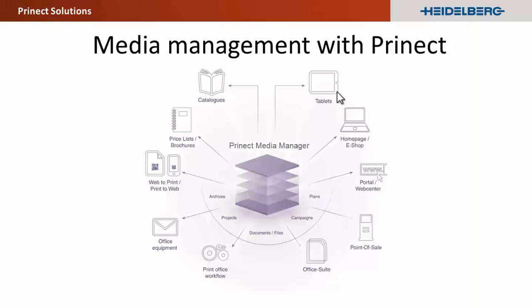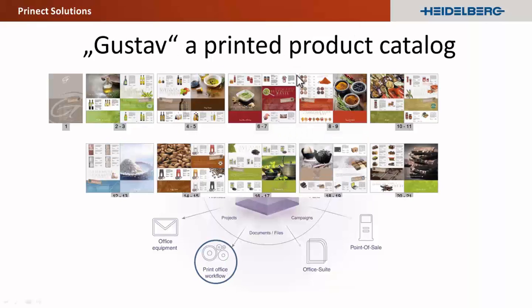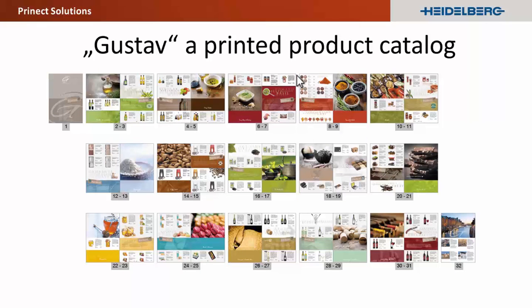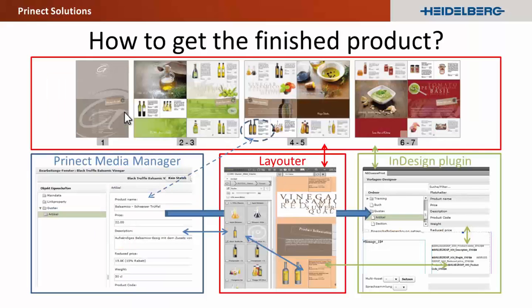So let's have a look in a small little catalog which is called Gustav. This is a printed catalog. It is not a big size, it's just 32 pages, and we are selling delicacies with this catalog. So this means if we have a look in the finished product, we will find here some products which are placed, or let's call it articles.